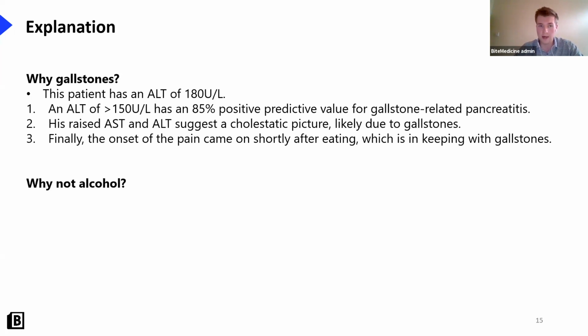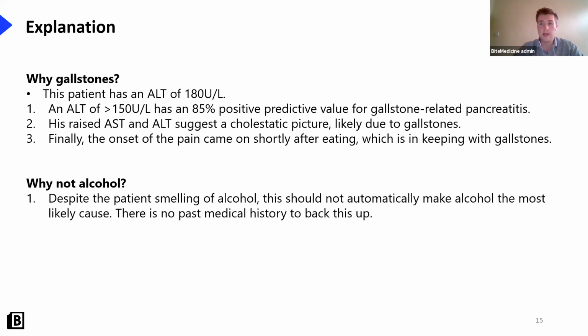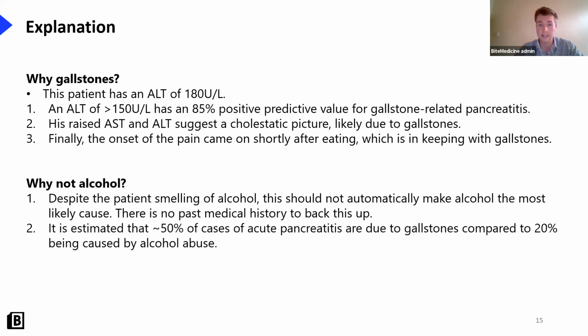But if you're not happy with that, then why not alcohol? So despite the patient smelling of alcohol, we shouldn't automatically assume that they have chronic alcohol abuse. And because he didn't speak English very well, we have no past medical history to back up our assumptions here. And just in terms of simple statistics, it's estimated that 50% of cases of acute pancreatitis are due to gallstones, compared to about 20% being caused by alcohol abuse.